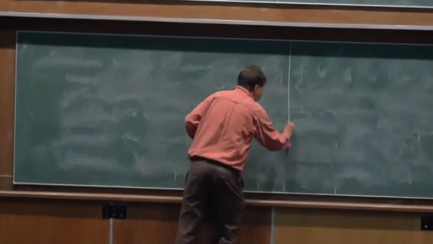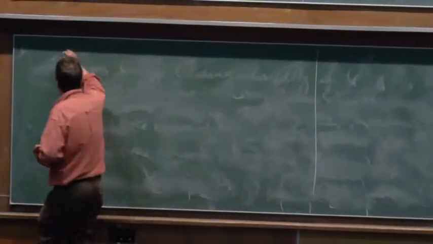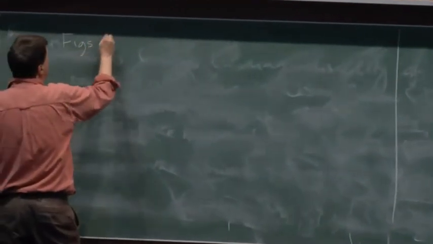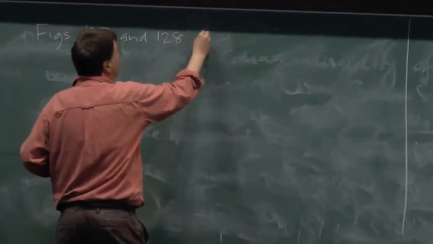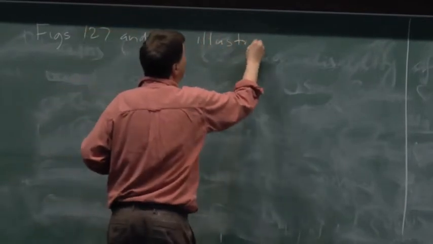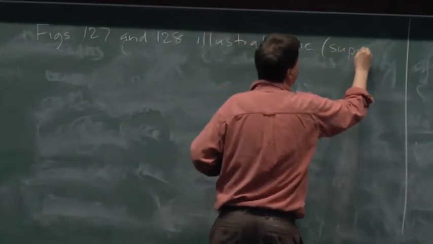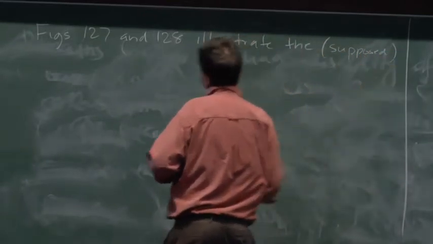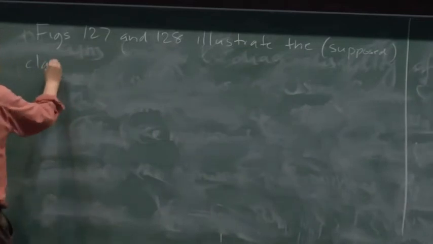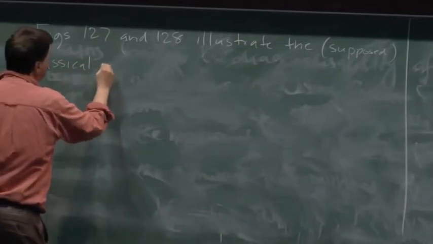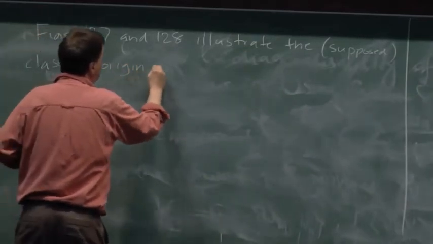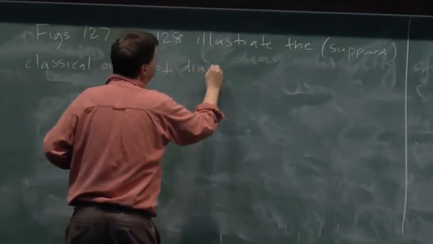So, figs 127 and 128 illustrate the, let's put it in brackets, supposed classical origin of diamagnetism.